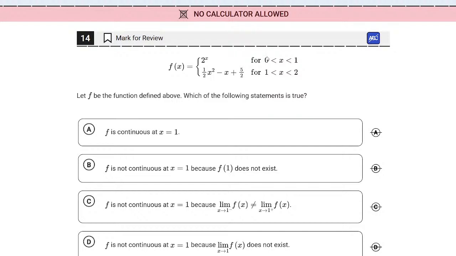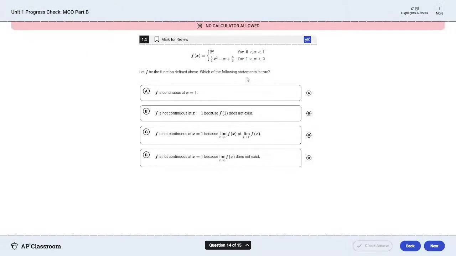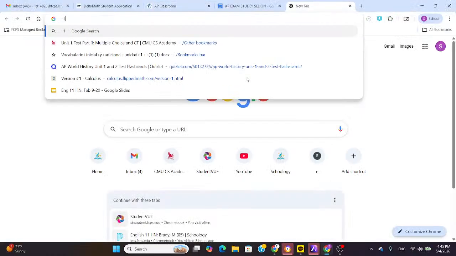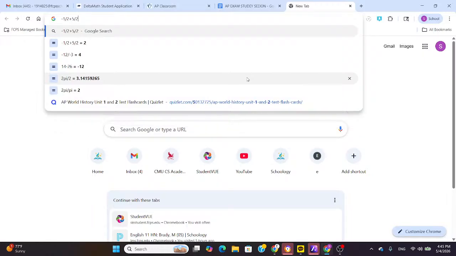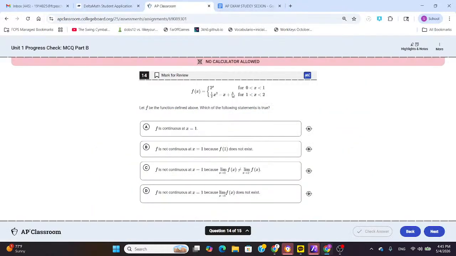Okay, let's see if they're both continuous. If the limit approaches 1, 2 to the 1 is 2, and then 1 half minus negative 1 half. Negative 1 half plus 5 halves. Negative 1 half plus 5 halves equals 2.